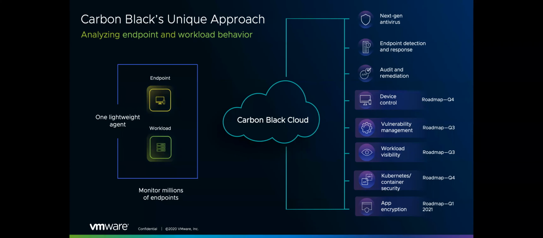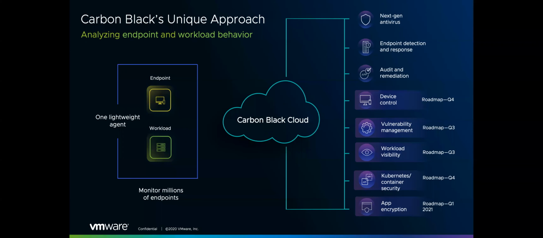Some other things we were very excited about is the audit and remediation aspects of CB Cloud, giving us the ability to connect to live endpoints and identify, audit and remediate specific findings based on vulnerabilities, exploits, things like that, and rapidly respond to events. And I say again, being able to rapidly respond to events was a critical element for us. Outside of just doing traditional next-gen AV, being able to prevent the bad, and then also EDR, having the ability to actually respond to those and have an automated framework around that was critical to our success as well.